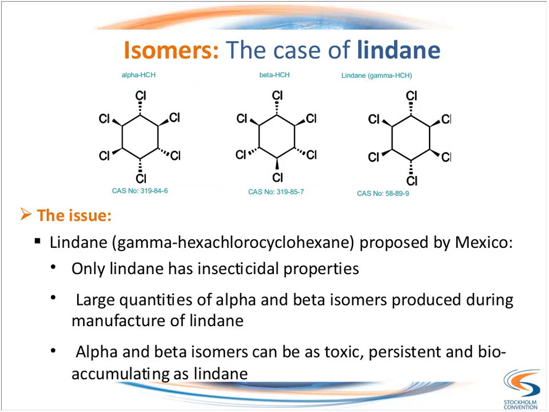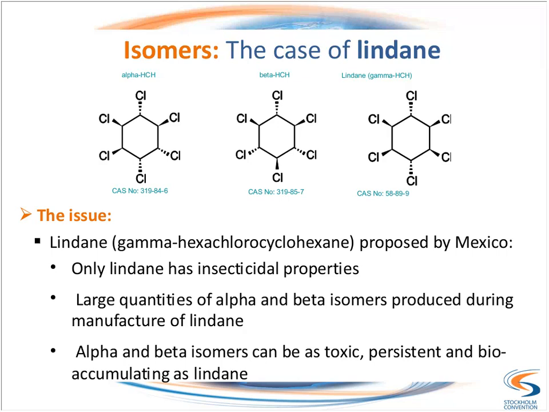But in the industrial production process, where you try to produce lindane, due to the type of production process, and we didn't know it better in the past, you also produce at the same time alpha HCH and beta HCH, which you see left from gamma HCH, which are isomers, stereoisomers.